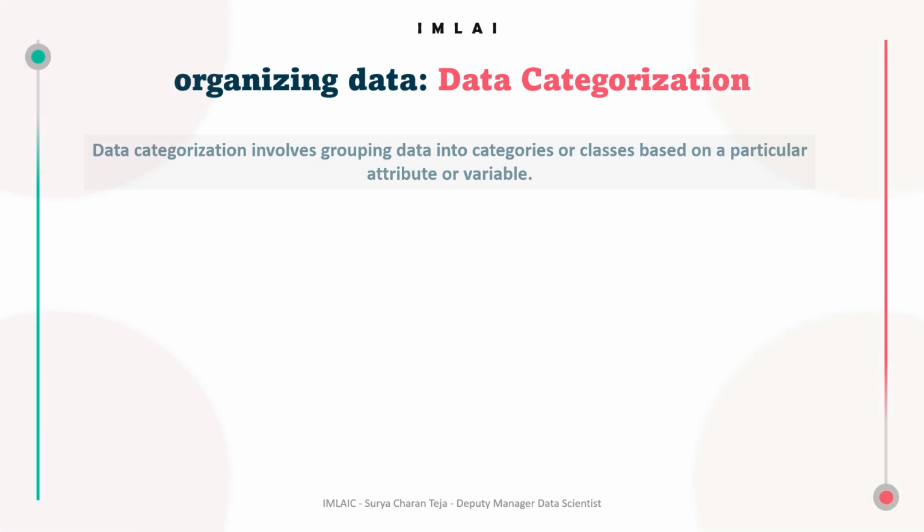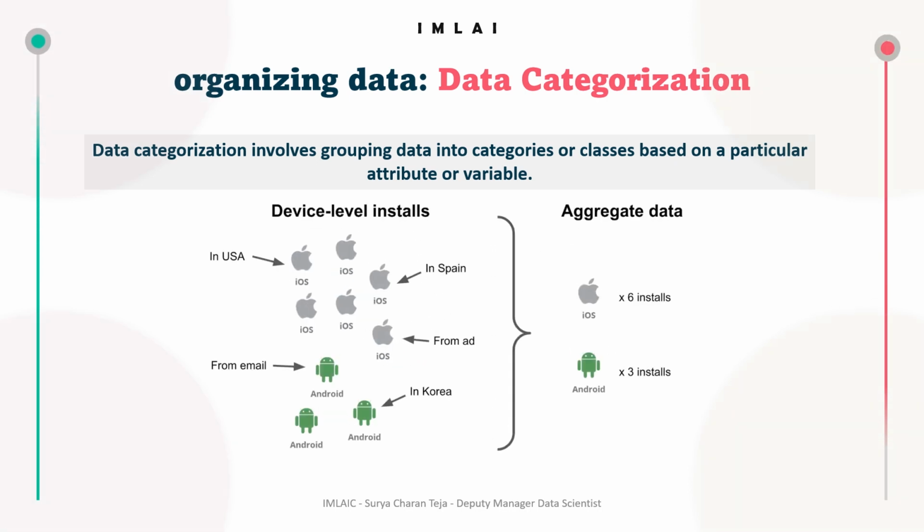Before we get into the examples, I just want to reiterate what data categorization means. Data categorization involves grouping data into categories or classes based on a particular attribute or variable. Let's take this example on the screen. You have device level installations.